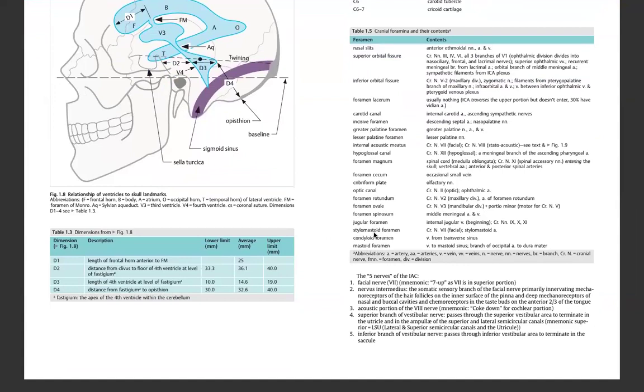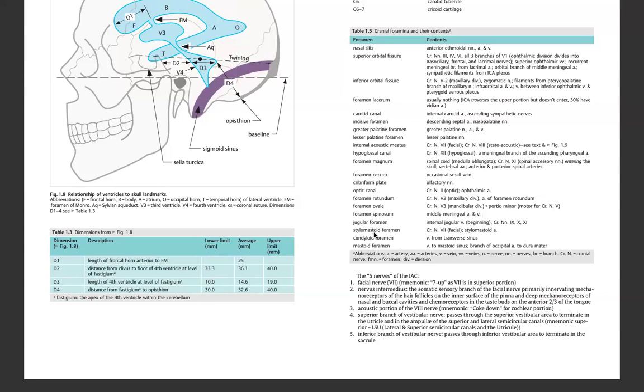So there are 5 nerves within the internal acoustic canal. Commonly, everybody talks about 4, but there are actually 5 nerves, because the facial nerve is divided into 2: the motor part of the facial nerve and the nervus intermedius, which is the sensory part of it.